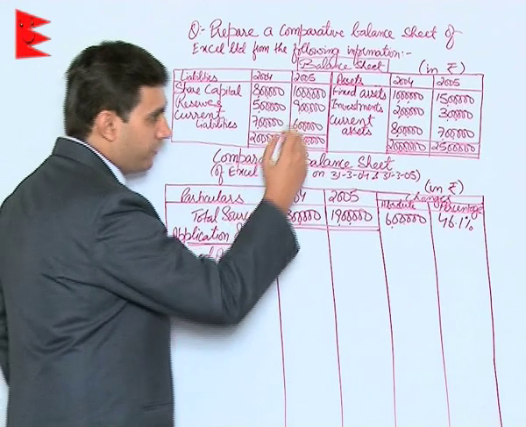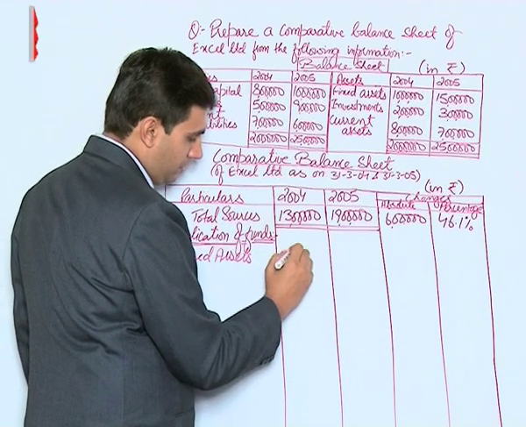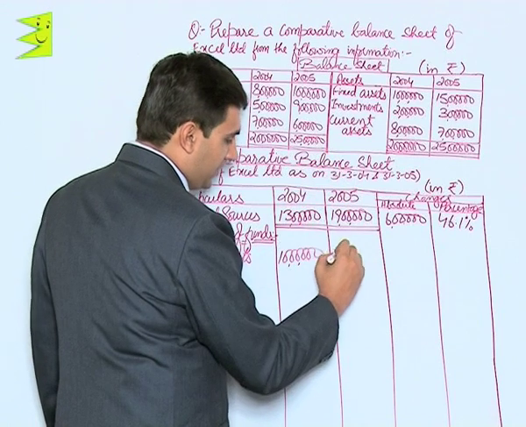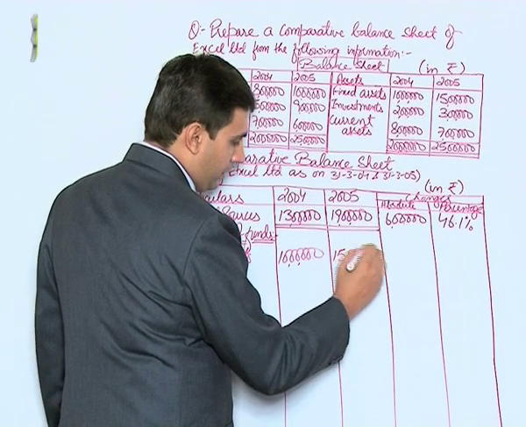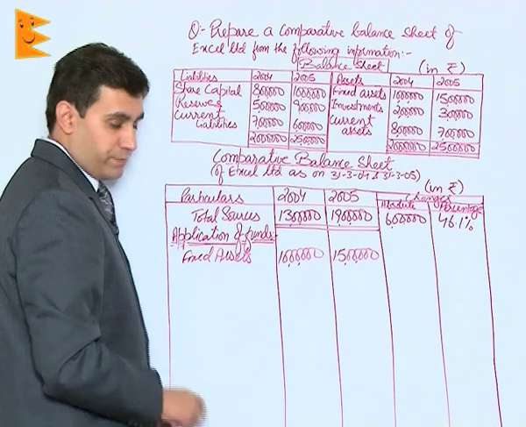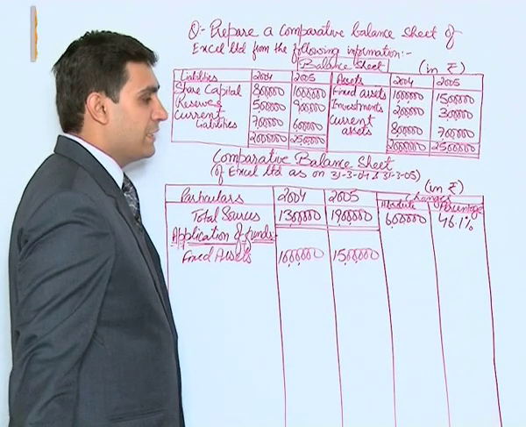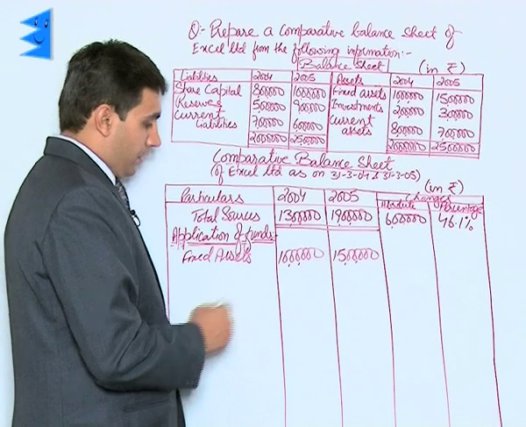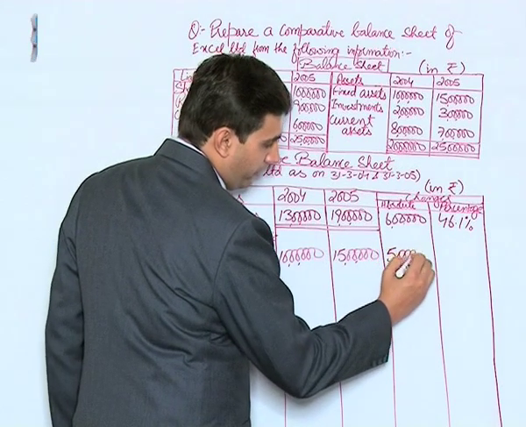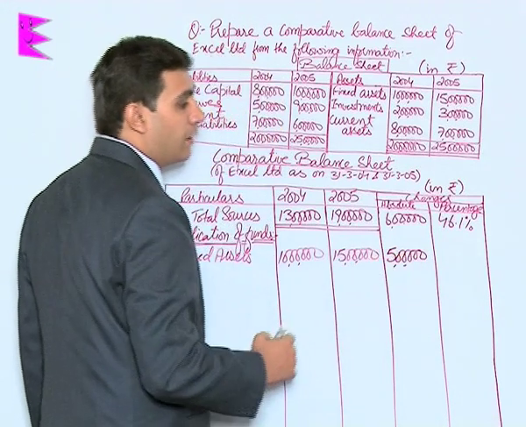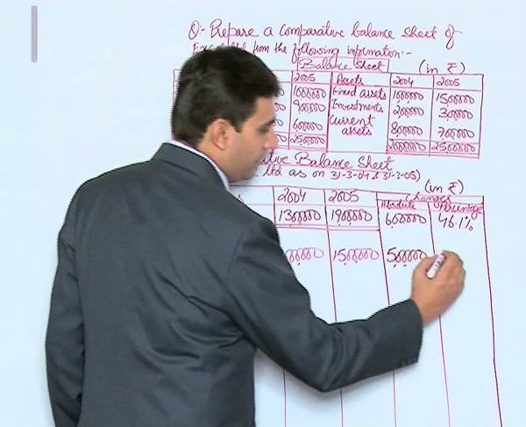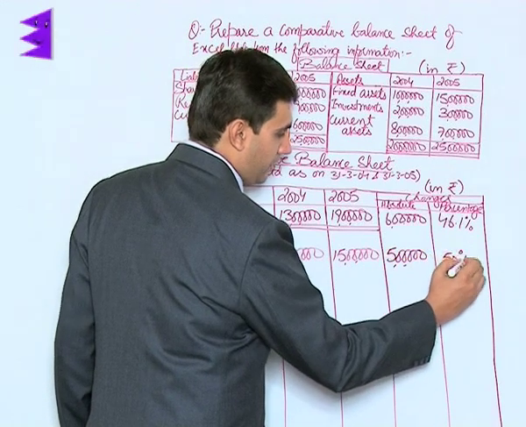Fixed assets for the first year are 10 lakh and for the second year are 15 lakhs. Now students, coming to the absolute change and the percentage change. 15 lakh minus 10 lakh would be 5 lakh and the percentage change would be 5 upon 10 into 100, that would be 50%.